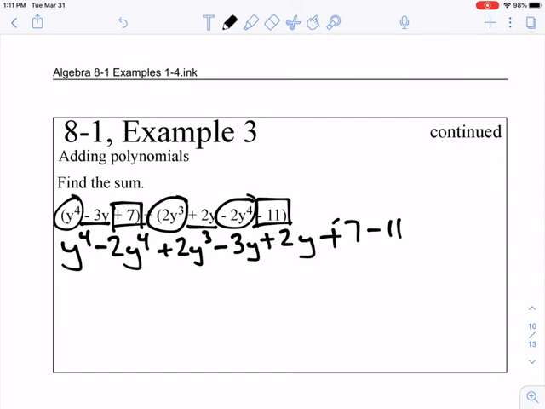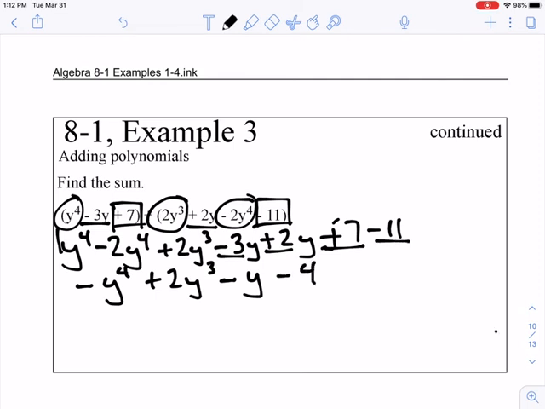This would be a 1, so 1 minus 2 is negative 1. So negative y to the 4th. And then plus 2y to the 3rd because there's nothing to combine it with. And then my negative 3 and my positive 2 give me another minus 1, which is just minus y. And then positive 7 and negative 11 gives me minus 4. So a lot of negative signs on this one. This is my finished polynomial. My leading coefficient would be negative 1 and my degree would be 4.